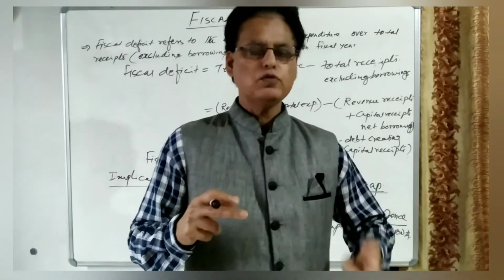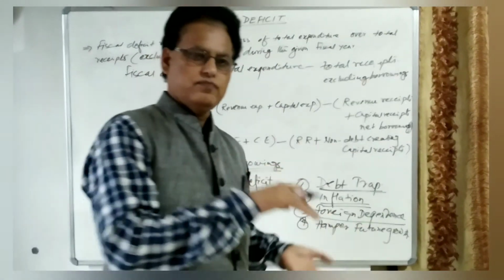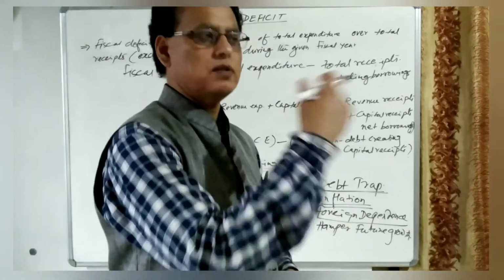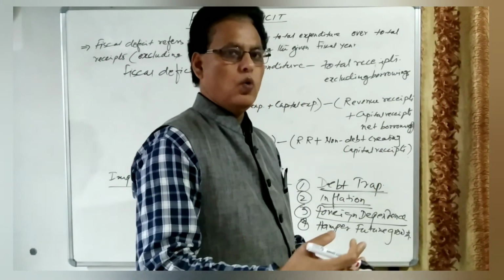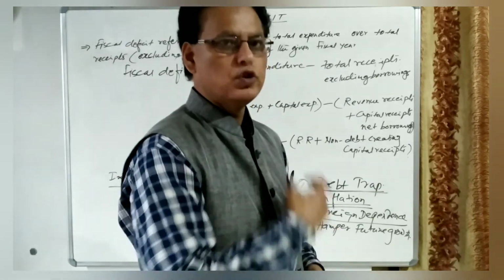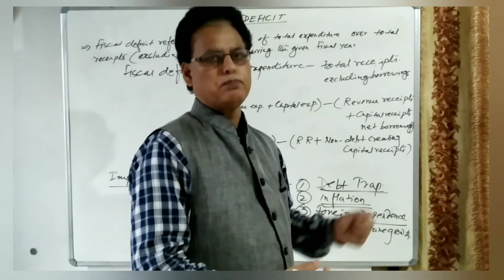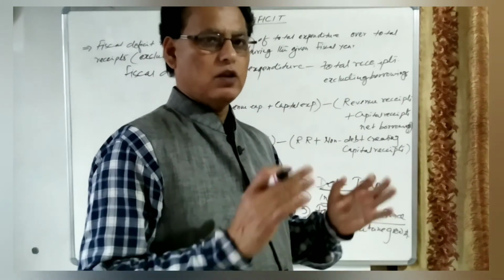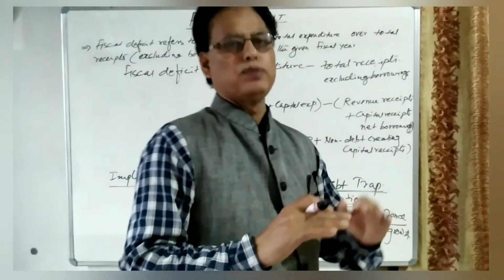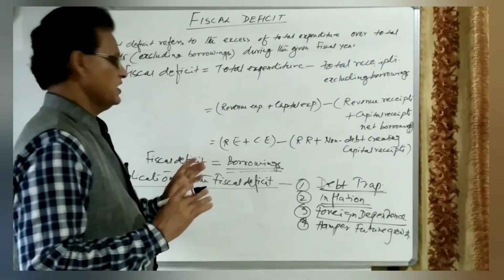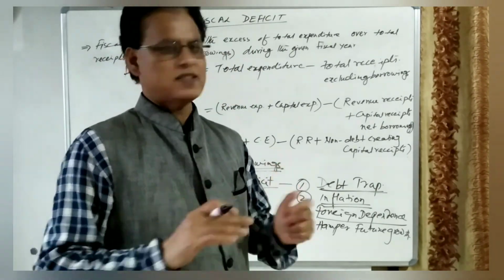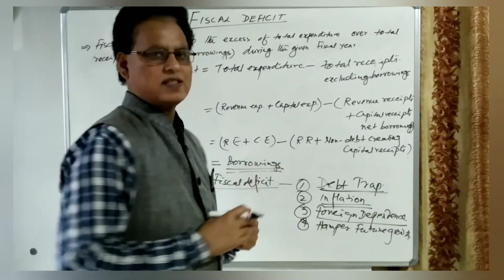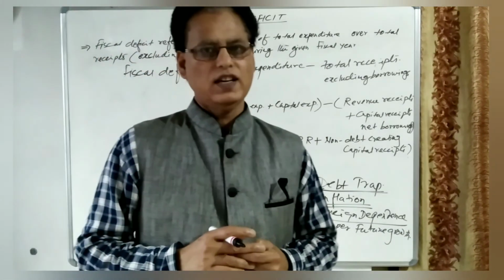The burden will not stay with the present generation, rather it will shift to the future generation, and our future generation will also be liable to repay the past borrowings. That is why the government tries to keep the fiscal deficit in balance. So I think the concept of the fiscal deficit is clear to all of you. Okay, thank you.